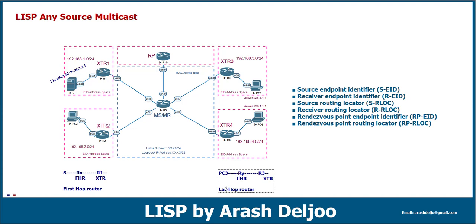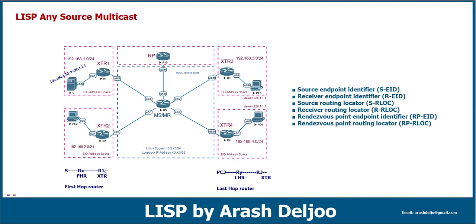Again, this is a multicast term, not about LISP, but it's good to understand them, because in real-world scenarios you may experience conditions where the receiver and the server are not directly connected to the XTR.